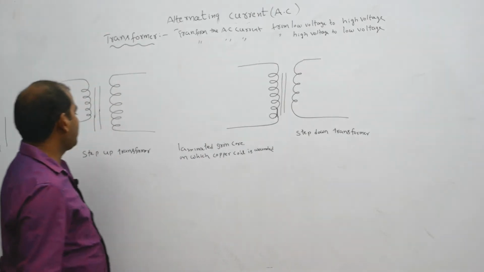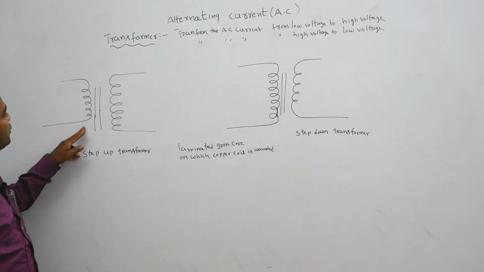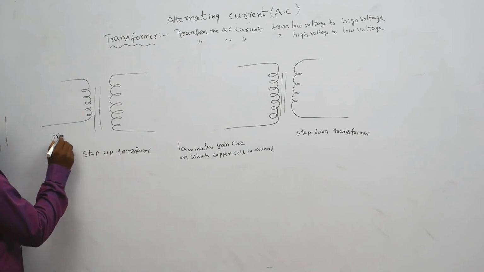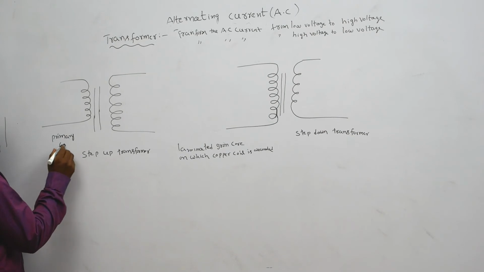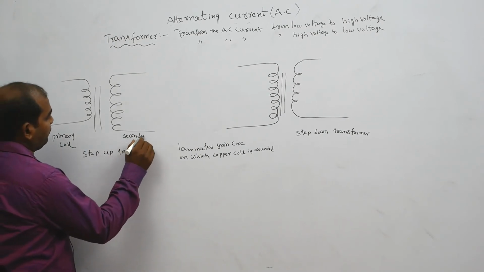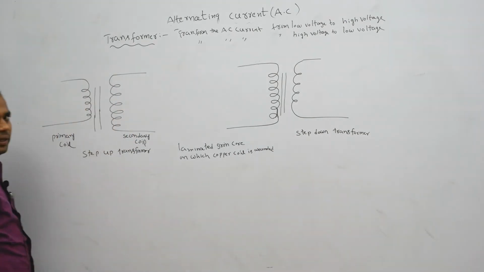Before learning the difference, the transformer mainly has two coils. One is the primary coil, and the second one is called the secondary coil.